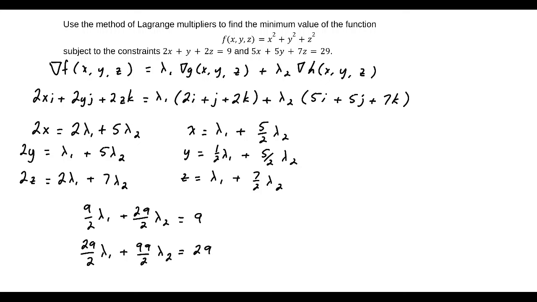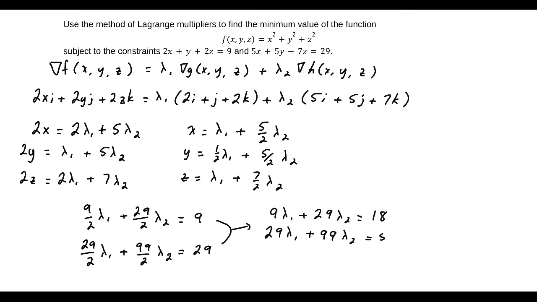All right. Now, I can solve this by elimination. Although first I'm going to clear fractions, so let's make this into yet another system of 9 lambda 1 + 29 lambda 2 = 18, and my second equation, 29 lambda 1 + 99 lambda 2 = 58.